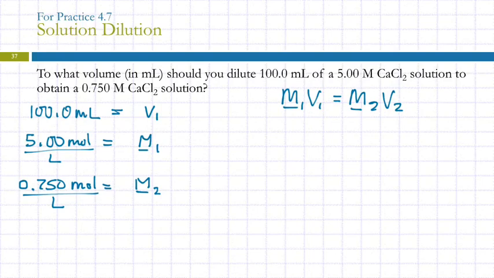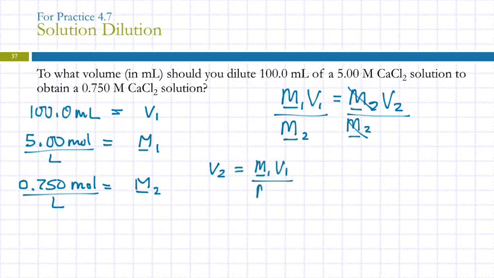So if I'm solving for V2, I want to rearrange this equation. So I'm going to divide both sides by M2. The M2's cancel out. So volume 2 equals molarity 1 times volume 1 divided by molarity 2.